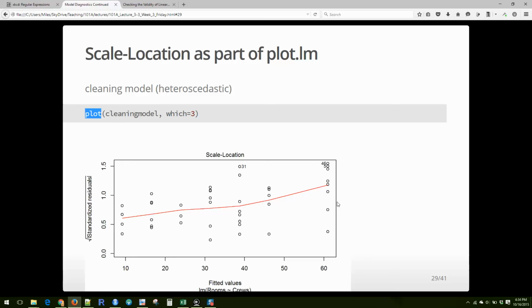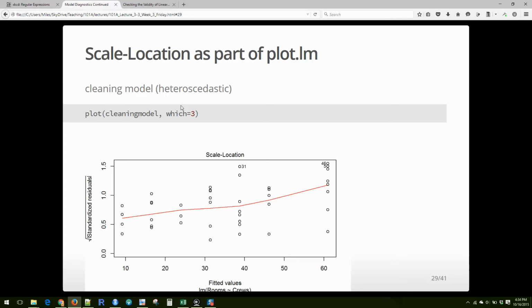This would be the third plot that shows up, and what we see is an increasing slope. It doesn't fit a linear model. It fits what's called a lowess regression line, which we'll talk about in a few weeks. But we see basically this curvature that says this is not so good.